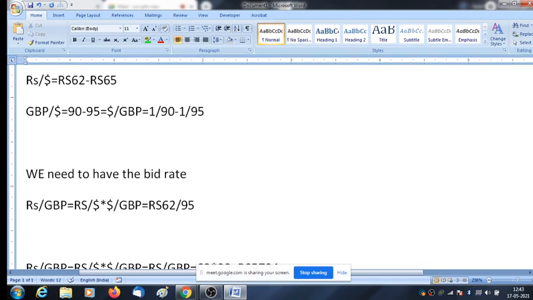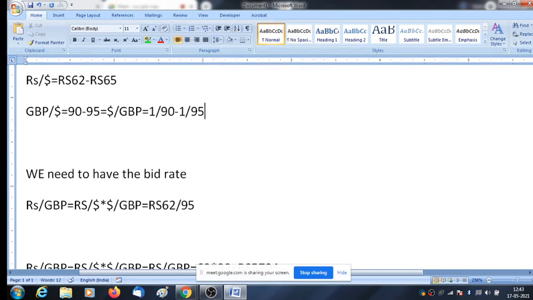But as per the rule, if we take the inverse, then to get the currency, we won't take the inverse of the bid rate. We will take the inverse of the ask rate.